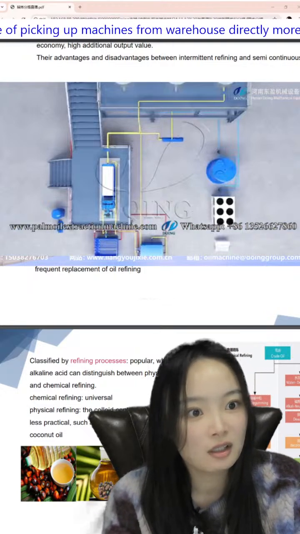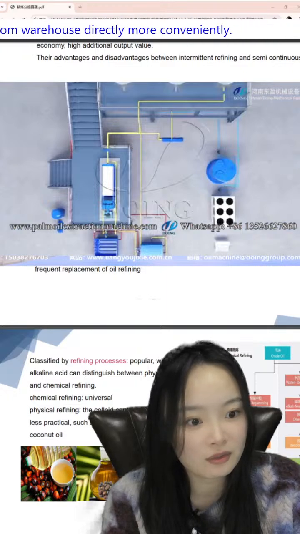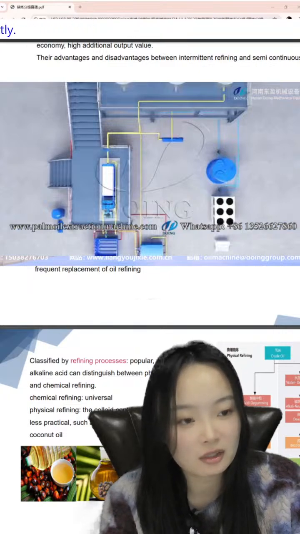But in the physical refining, we just use the tower. The deacidification and the deodorization are in the same part.